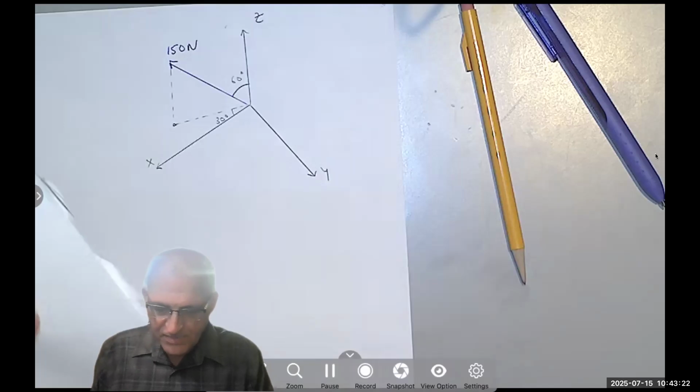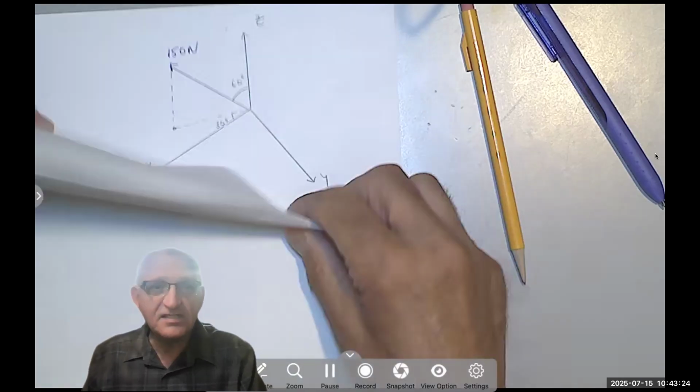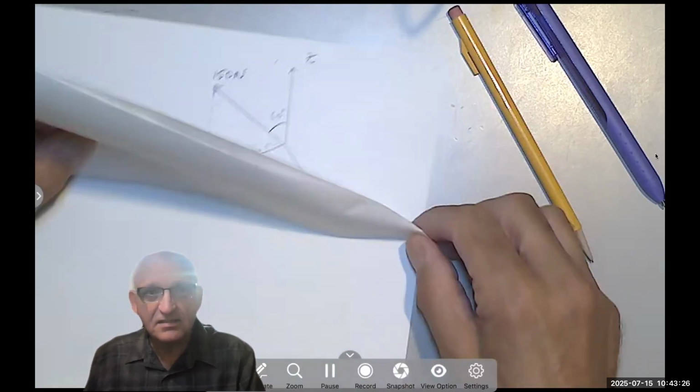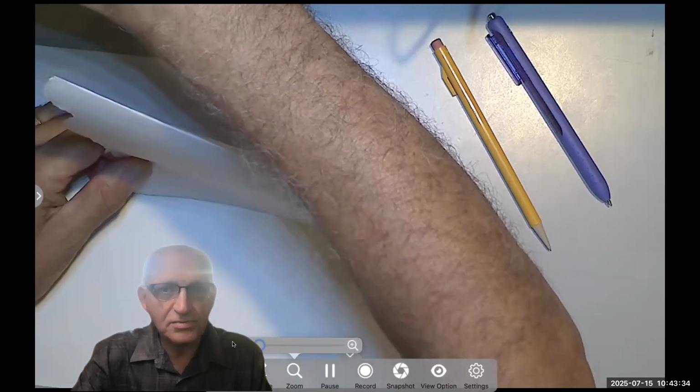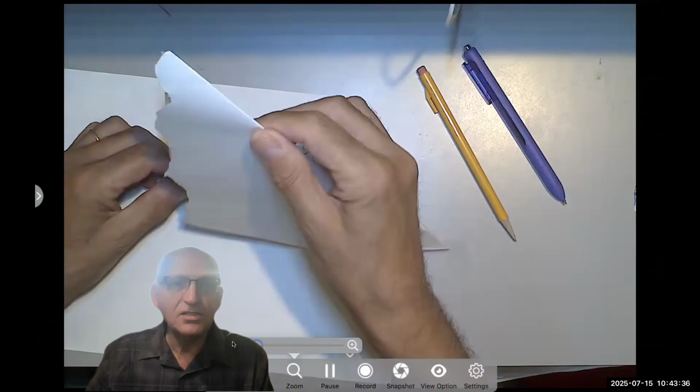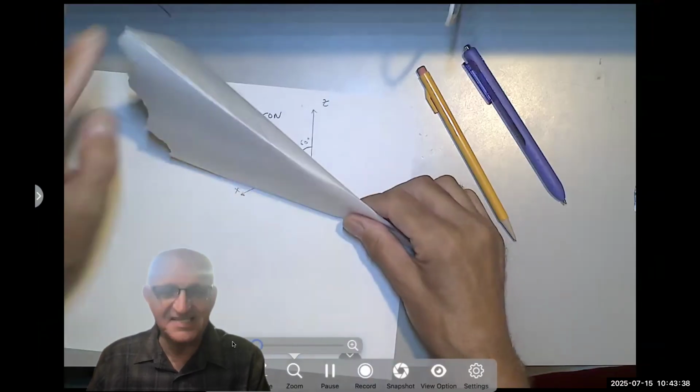Just something to show you. It's a triangle that looks like that, assuming this is a straight line.